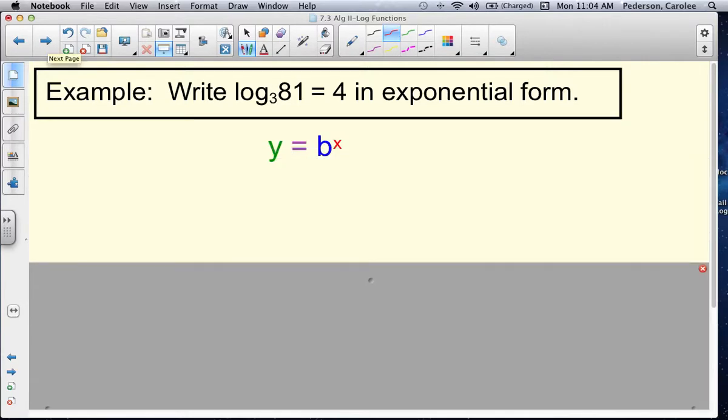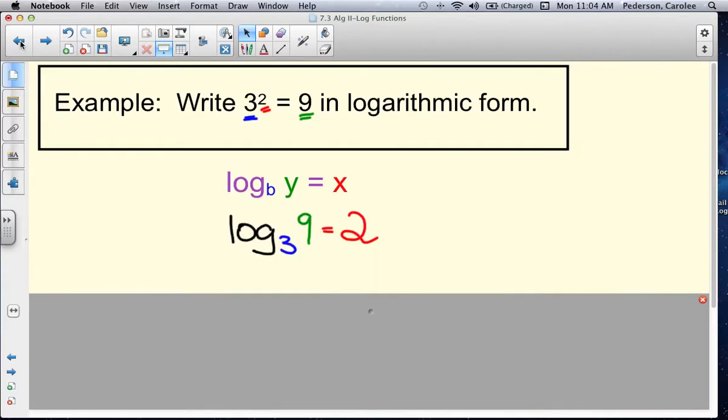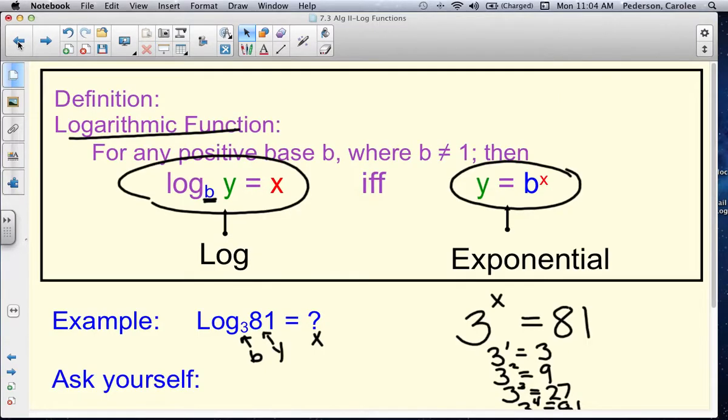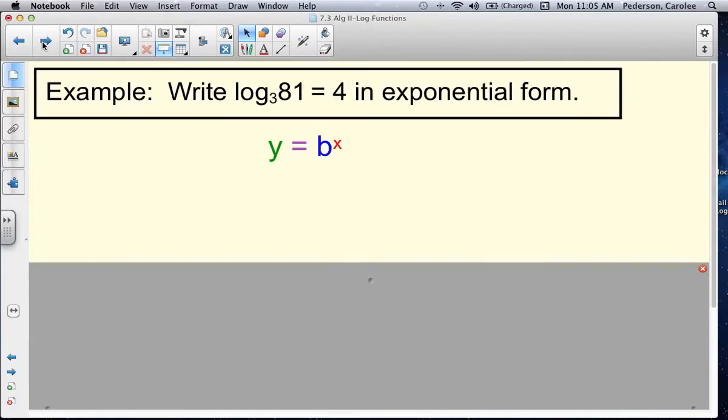Well, here's the exponential. So again, we're using this box right here. So here is your x.